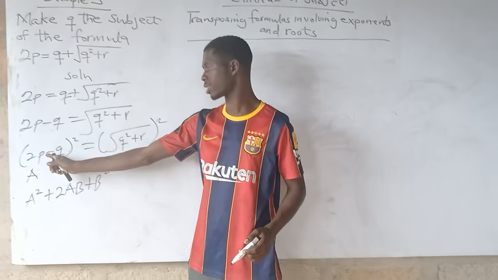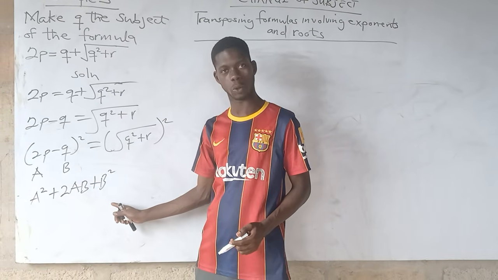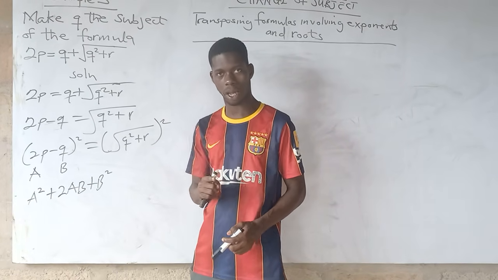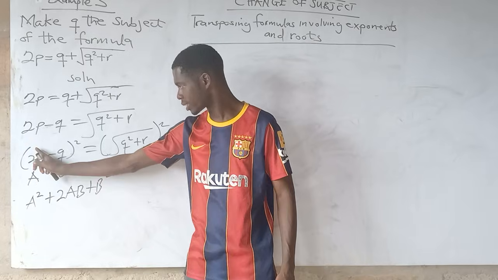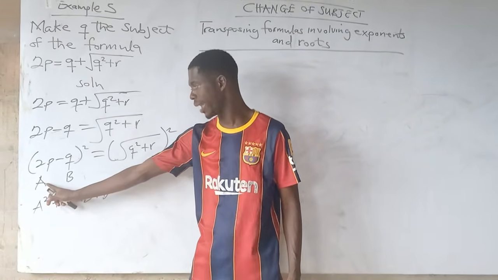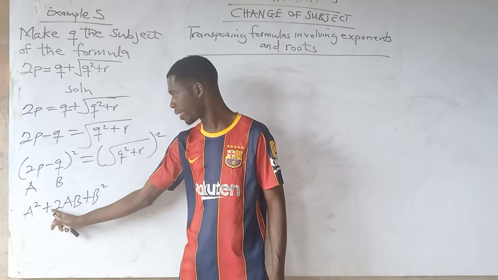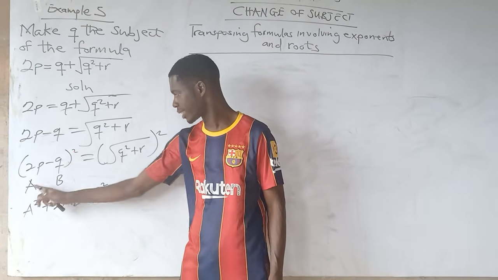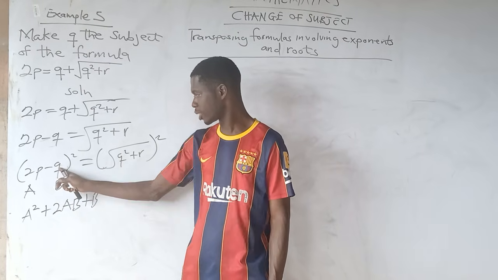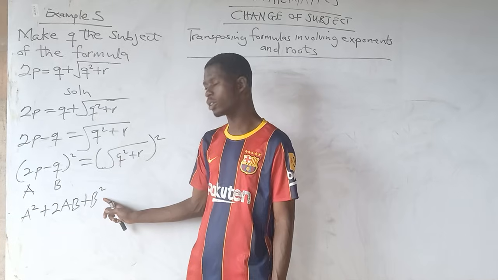So for you to expand this one, that's the formula you are going to use. What is here is A, what is here is B. First you square A, then plus 2AB, plus B squared.